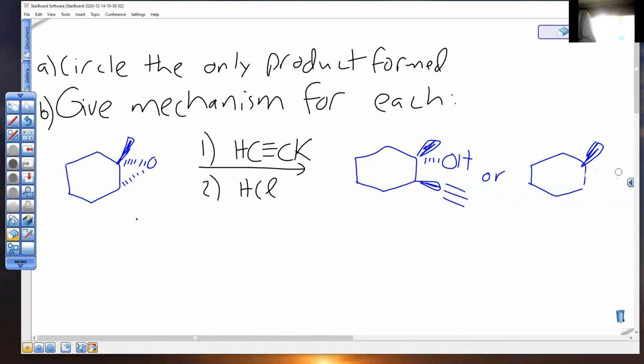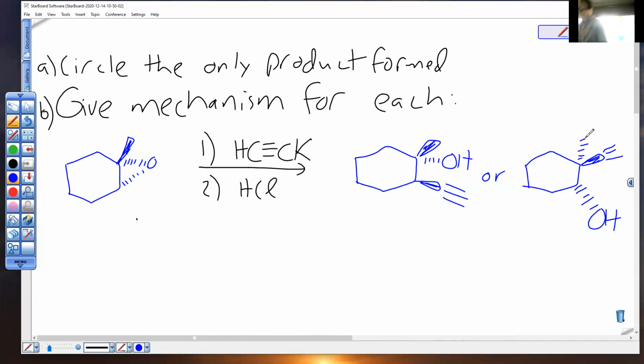Confession. Just get rid of the whole thing. O's got to be on a dash no matter what. Those bonds are both set. If that's on a dash, then the incoming had to be on a wedge, pushing the methyl to the back in that example. All right. Okay, that's a good one.